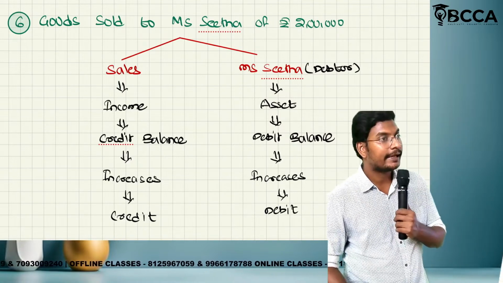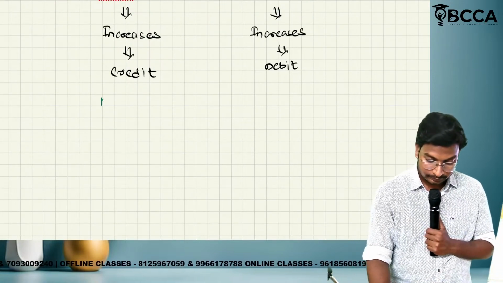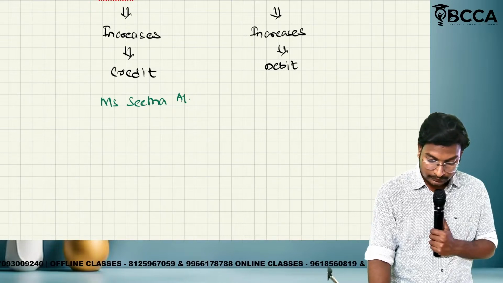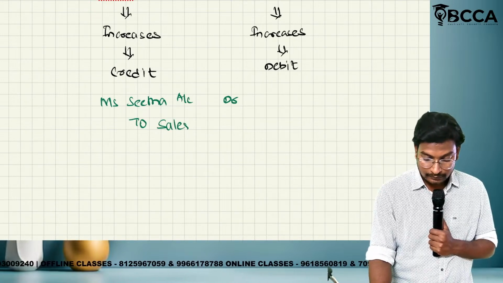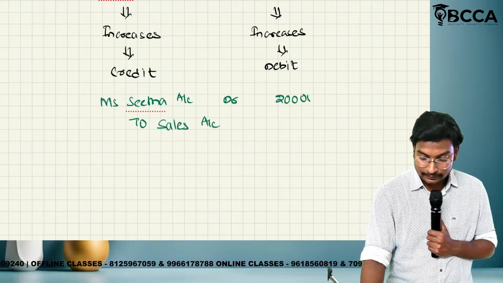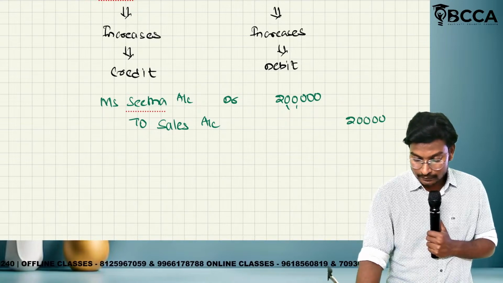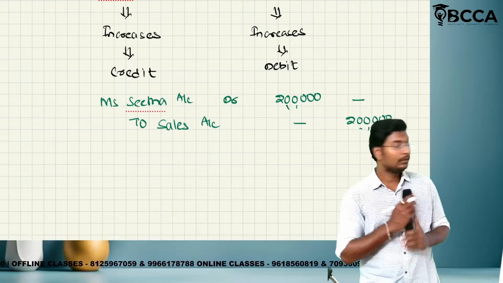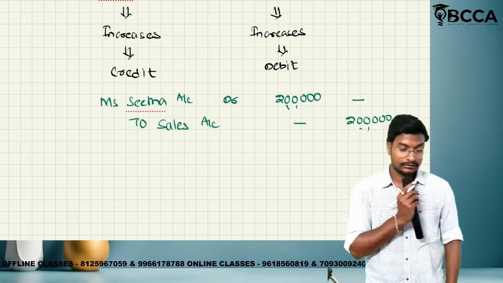Miss Sita account debit to sales account. Amount 2 lakhs. Like that, we need to write the journal entry.